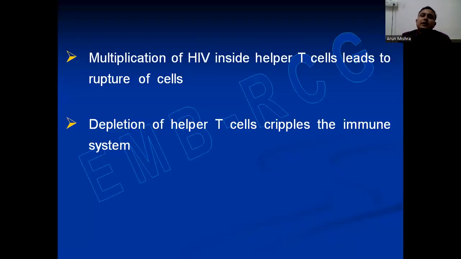Multiplication of HIV inside a helper T cell leads to rupture of the cell. Depletion of helper T cells cripples the immune system.